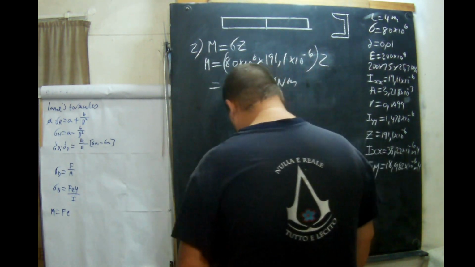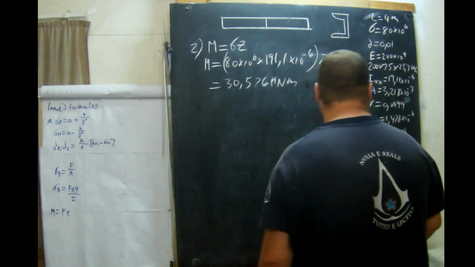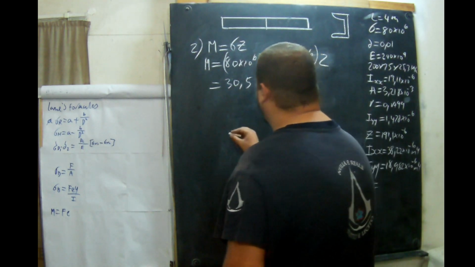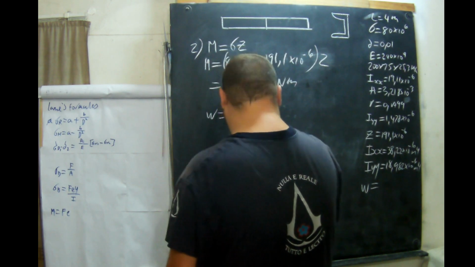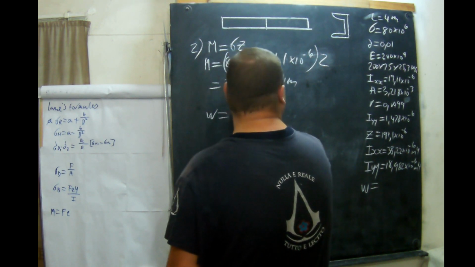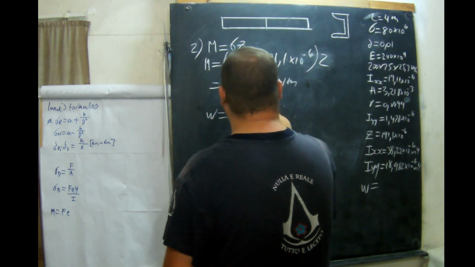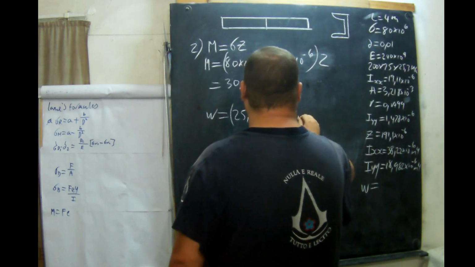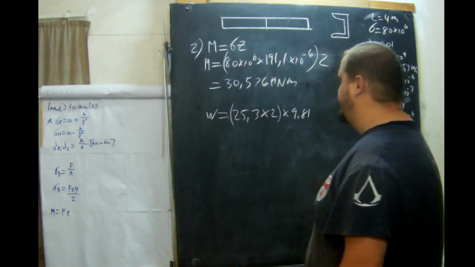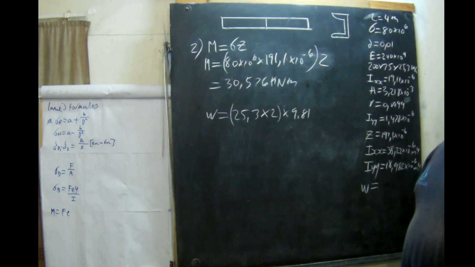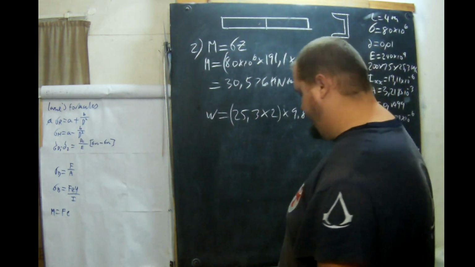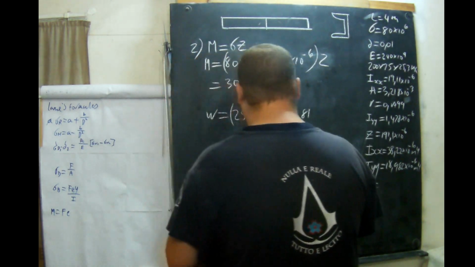Now for the weight. How to calculate the self-weight, this is small w, because this is necessary for the next part of the sum, is 25,3 times 2 multiplied by 9,81. Because it's the self-weight of both of these, and because there's 2, you have to multiply by 2.